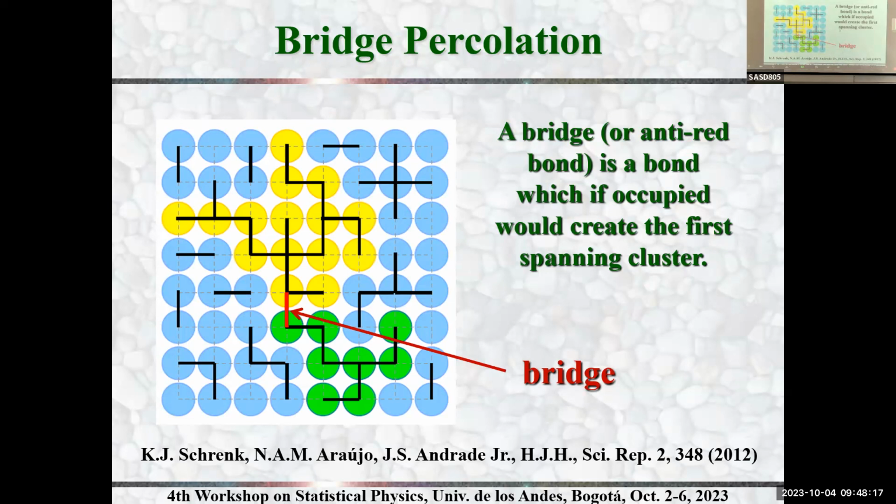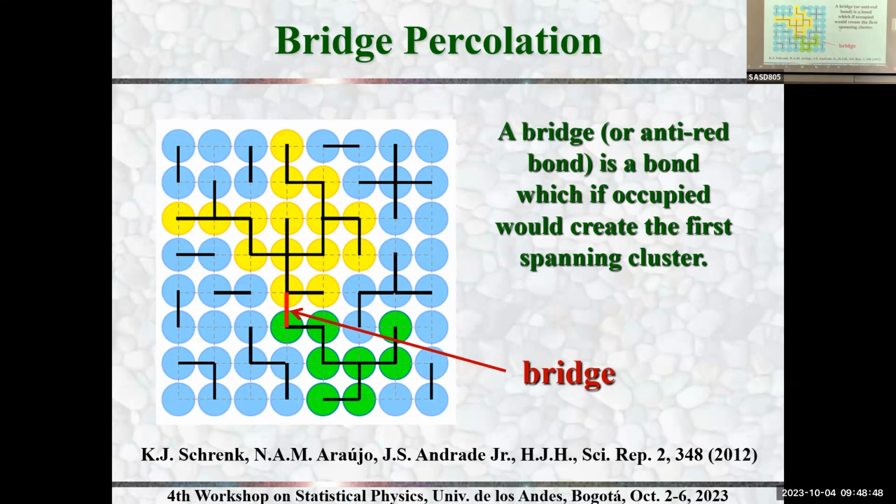A percolation model, which is percolation. Something very similar to a red bond is an empty bond. So it's like the last missing bond that you have to put to connect the bridge.